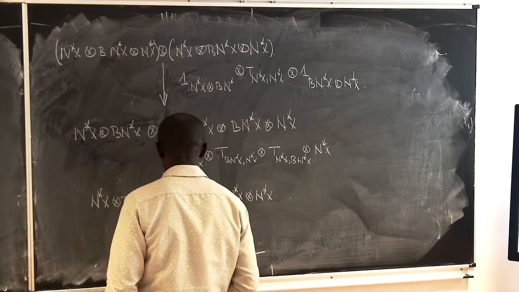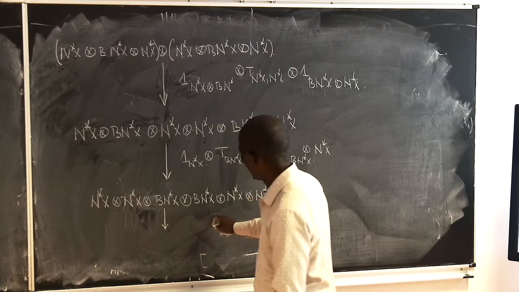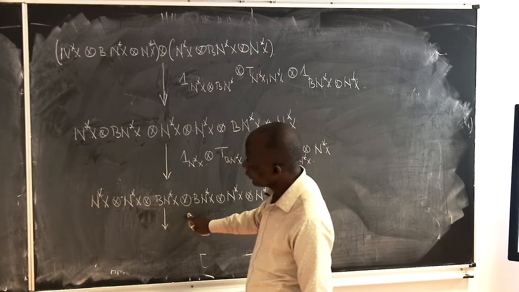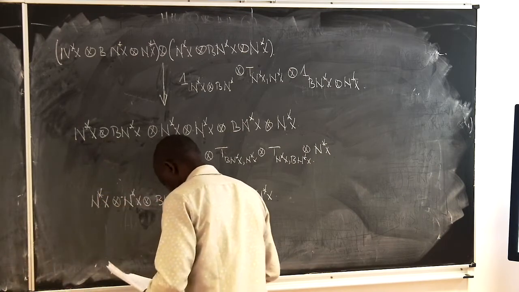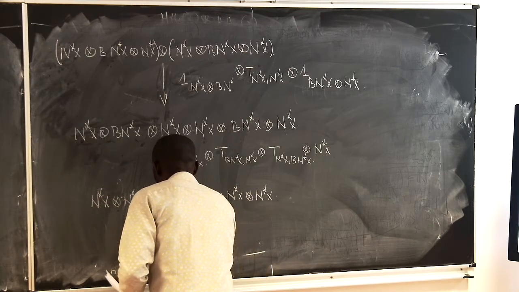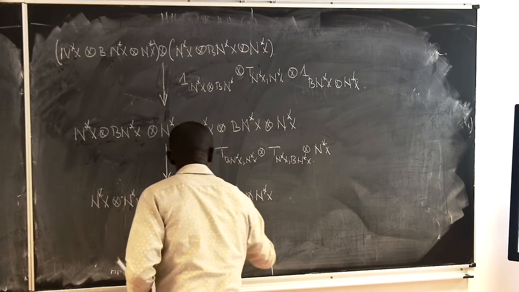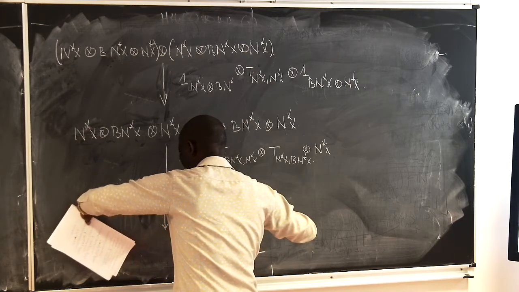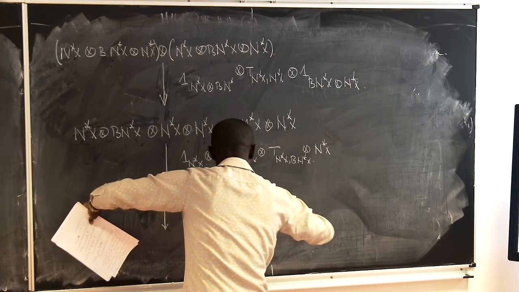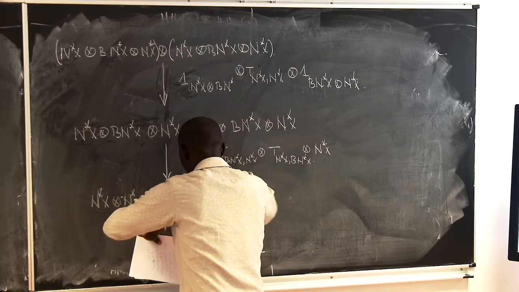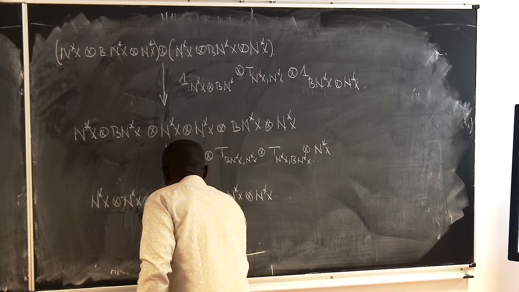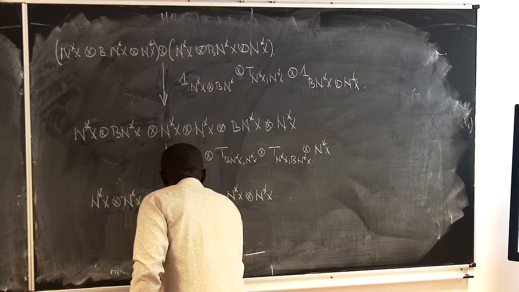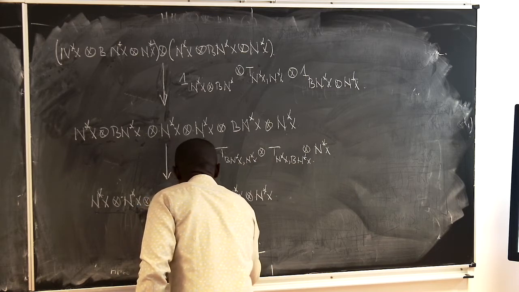And then here we use the shuffle map. This is fixed. For this other one, the first two terms are fixed and the last two terms are fixed. We just apply the shuffle here to take the bar construction of the tensor product of Nx by itself.